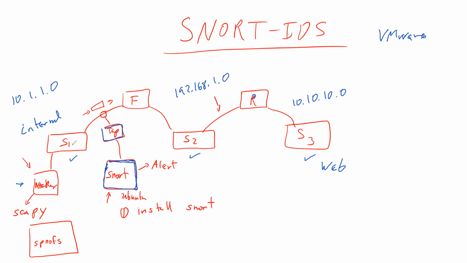In theory, you should target somewhere else. This is a spoofed packet, an attack of some kind, going somewhere else, but the IDS should pick up the attacks. That's really the idea.